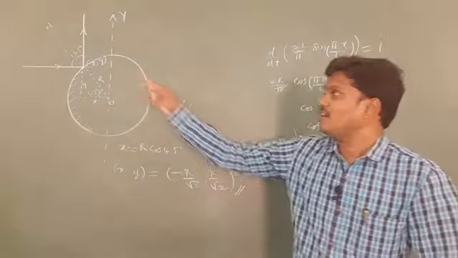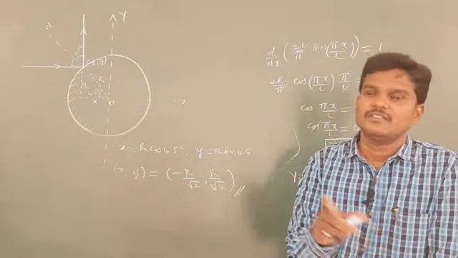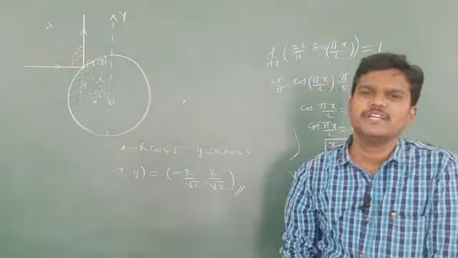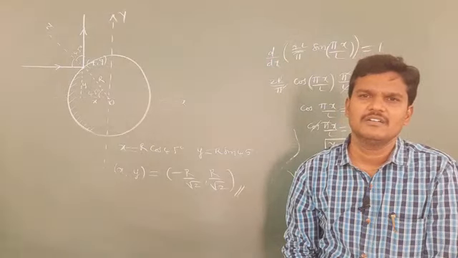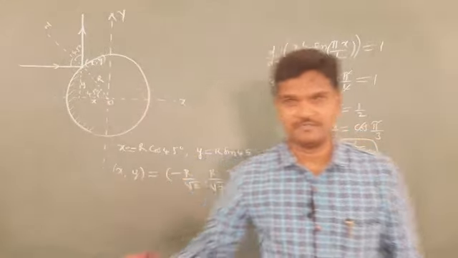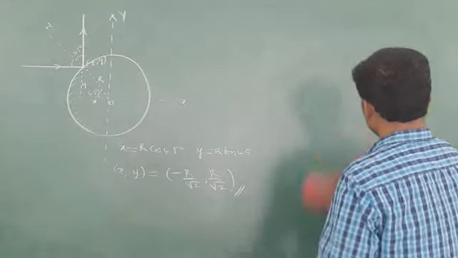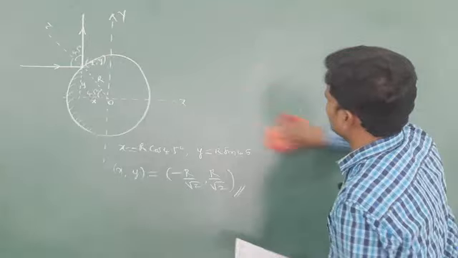Because here after reflection the reflected ray becomes vertical. Sometimes the reflected ray may be deviated by some angle. If the reflected ray is deviated by, say, 30 degrees, let us see this case.